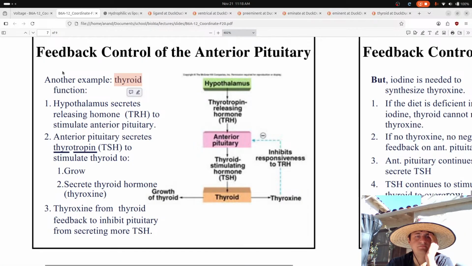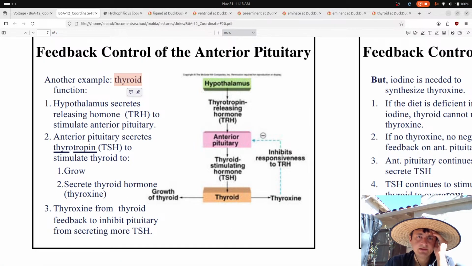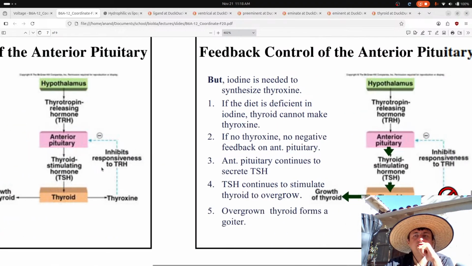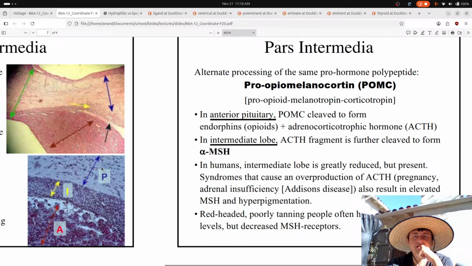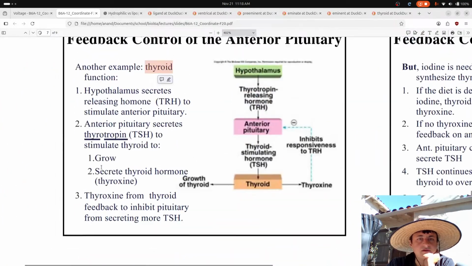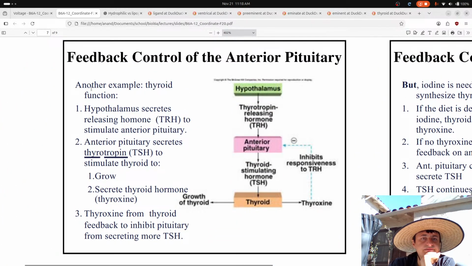All right. Feedback control of the anterior pituitary even more. Okay. So it sounds like understanding this is going to be important.